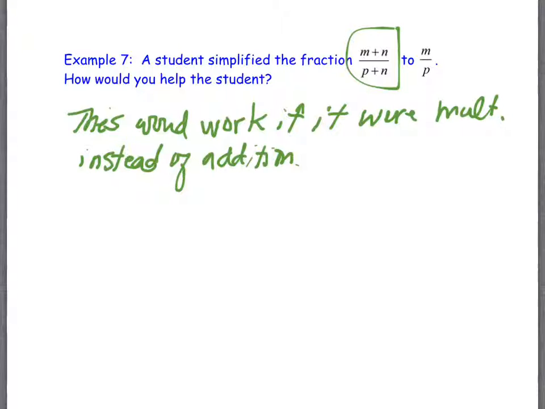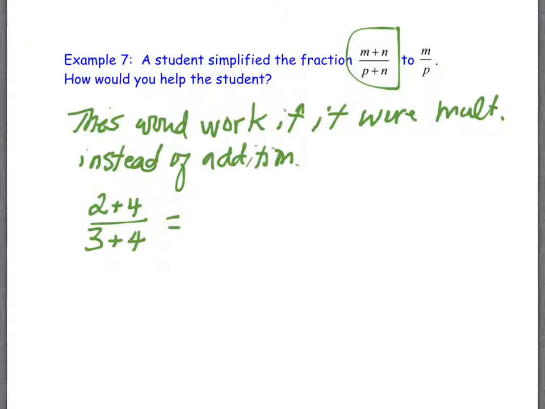What do you want to let m be? 2. What do you want to let p be? 3. What do we want to let n be? This is the value they think they're canceling. 4. All right. Sounds good.